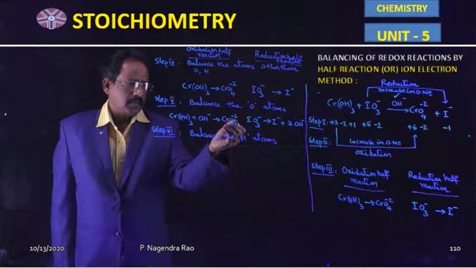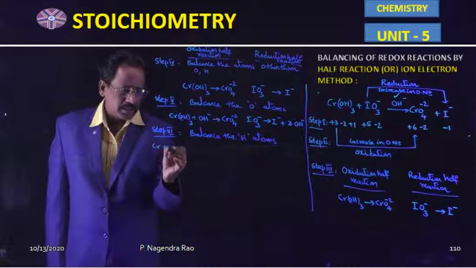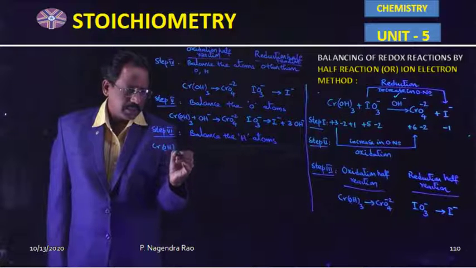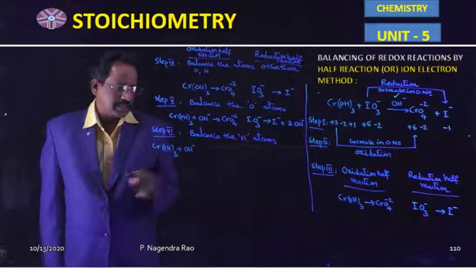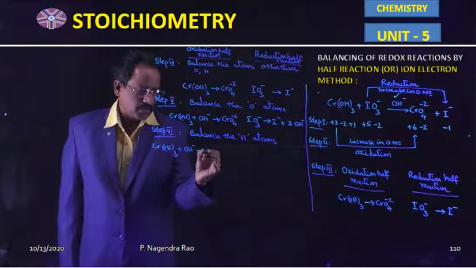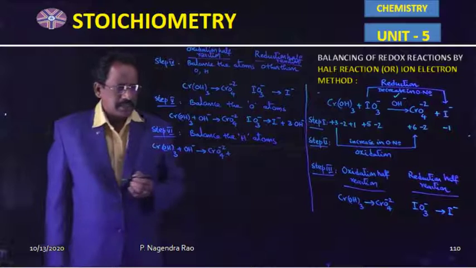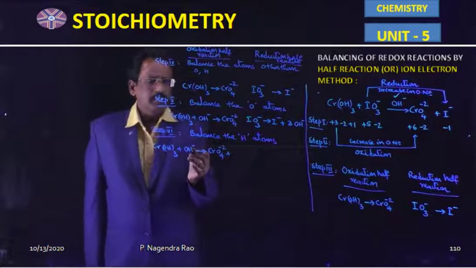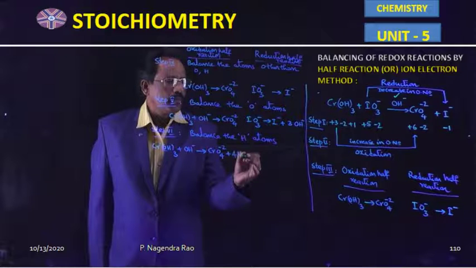Here there are no hydrogens. That's why Cr(OH)3 plus OH⁻ gives rise to CrO4²⁻ plus 4H2O.